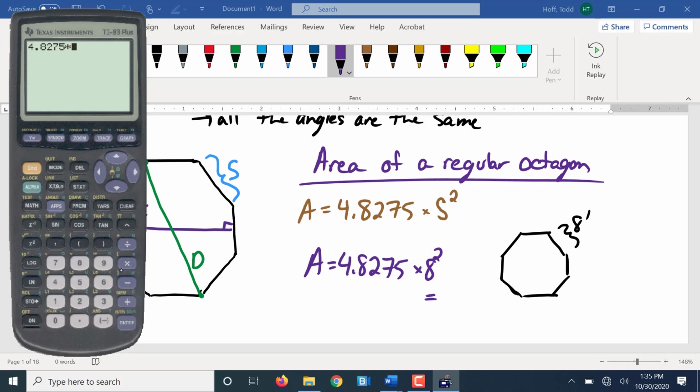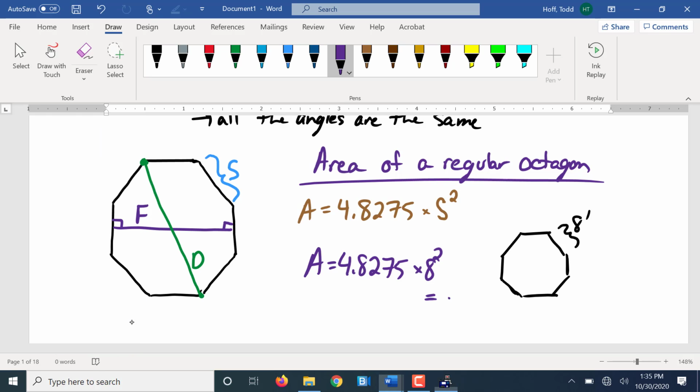Yep, the 8 times 8 is 64, you're right. 308.96 we get. And that's square feet.